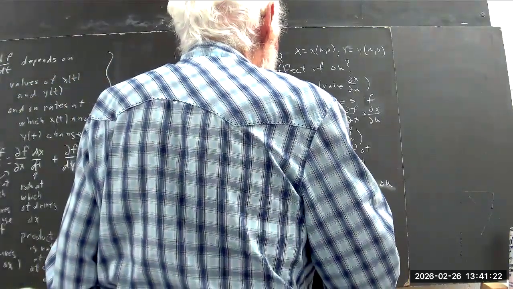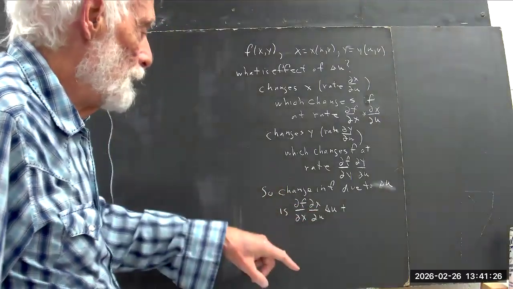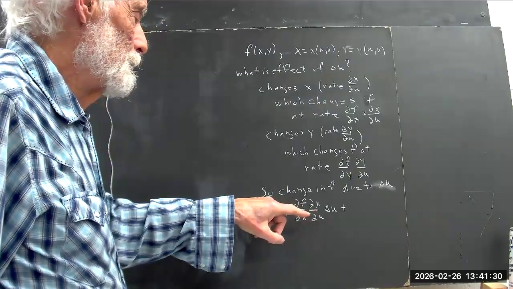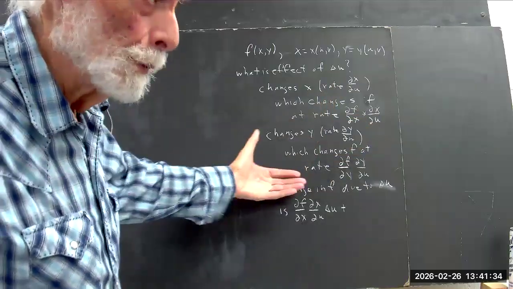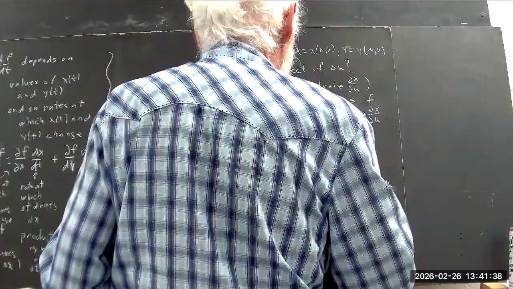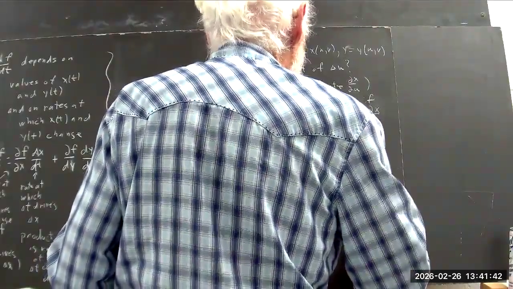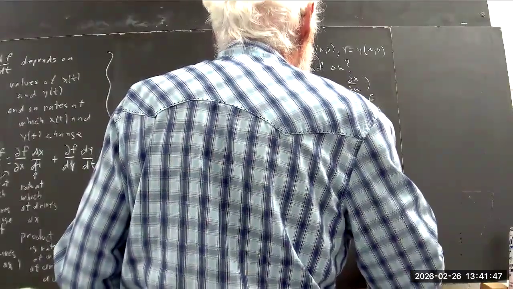I do want to try to do a numerical thing there. Well, f doesn't change just because of x changing with respect to u. It also changes because y changes with respect to u. So it's partial of f with respect to y times the partial of y with respect to u, delta u.